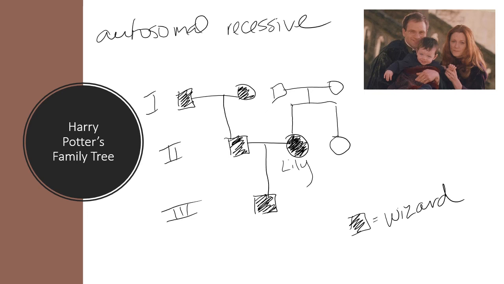Okay, and there you have it. A little fictitious family tree to practice doing pedigrees. Your next step is to go ahead onto your OneNote and do your pedigree homework.